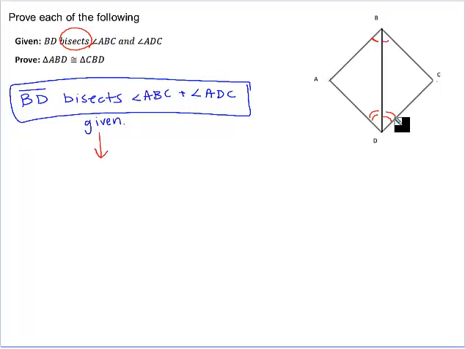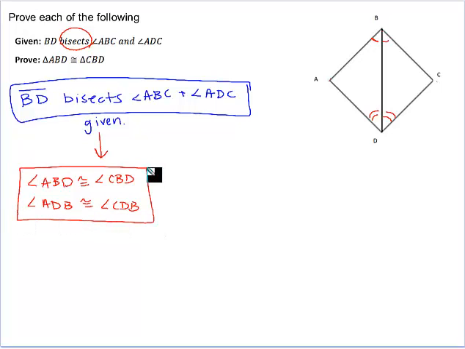So we are going to write that information down here: angle ABD is congruent to angle CBD, and angle ADB is congruent to angle CDB. We're going to box it in, and underneath we just write the definition of bisect. Notice we had a vocab word in the given, and here we're using that vocab word to write down another step.